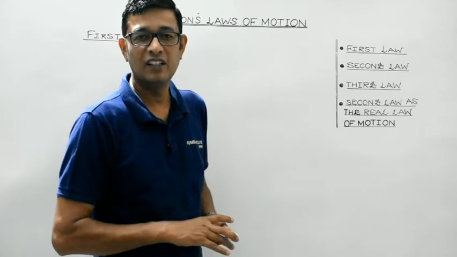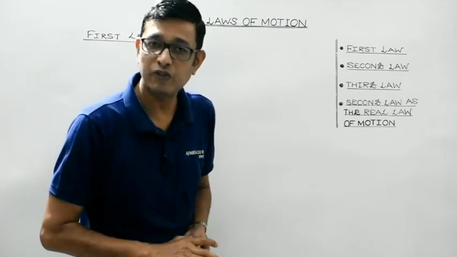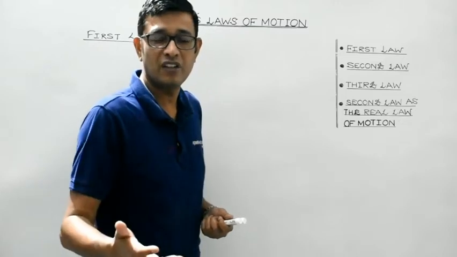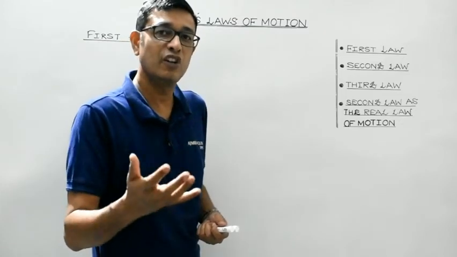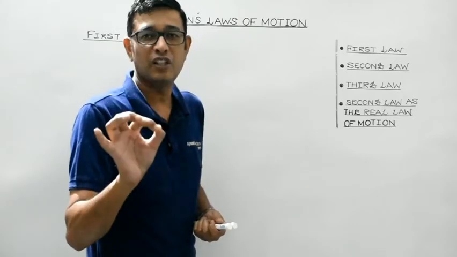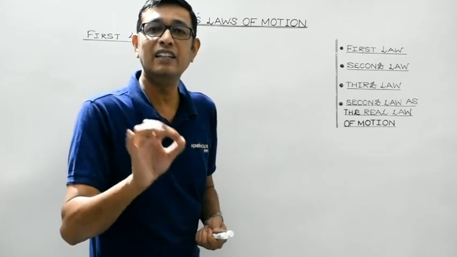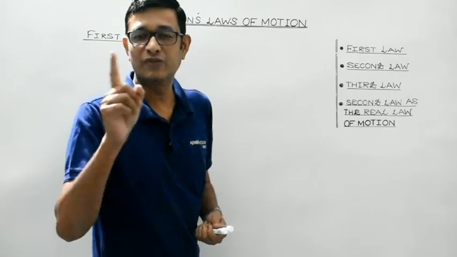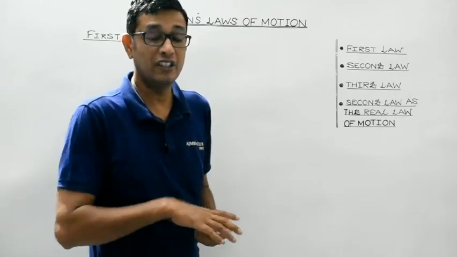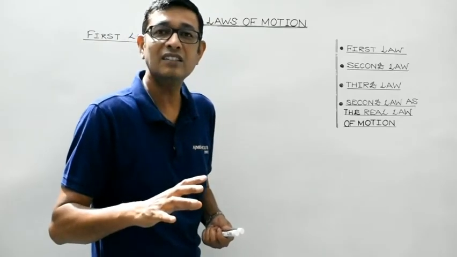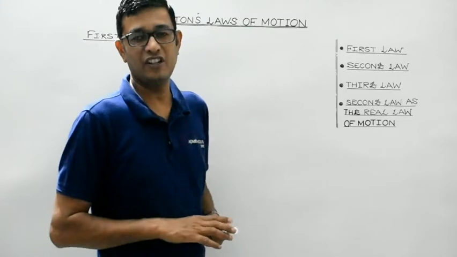Clear, students? So we have discussed there are three types of inertia: inertia of rest, inertia of motion, as well as inertia of direction. The term inertia was first formulated by Galileo, and that is the reason why Newton's first law of motion, which deals with the concept of inertia, is also known as Galileo's law of inertia.